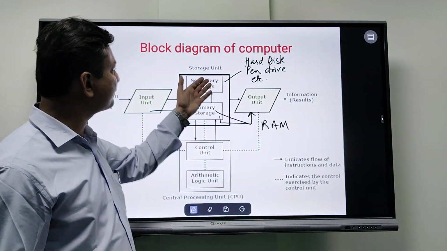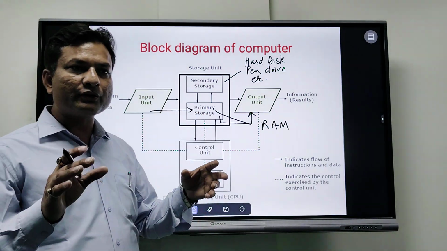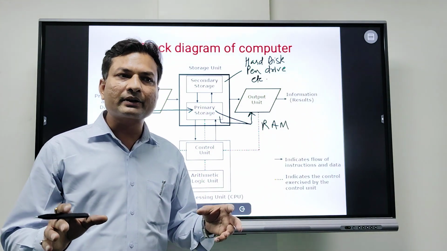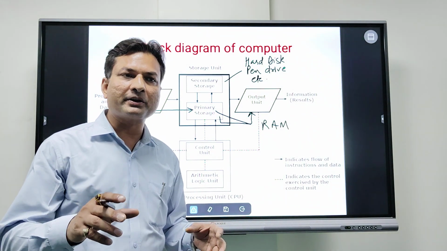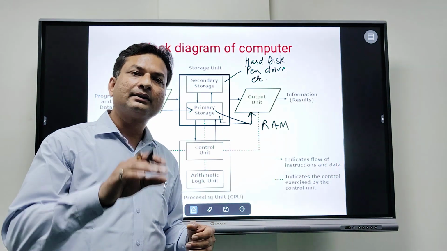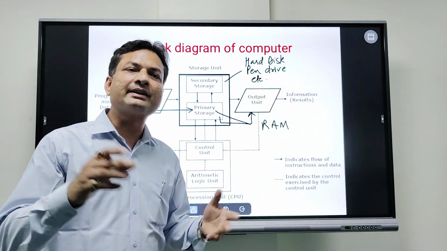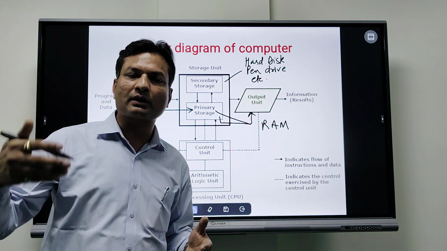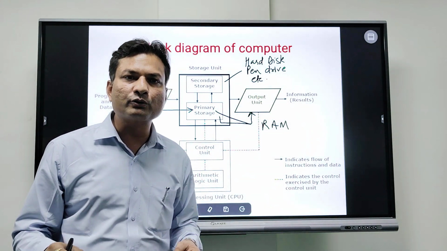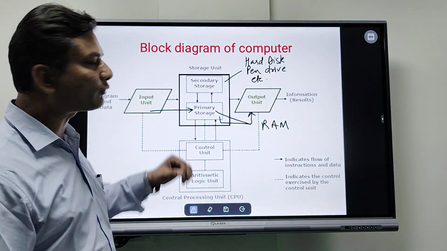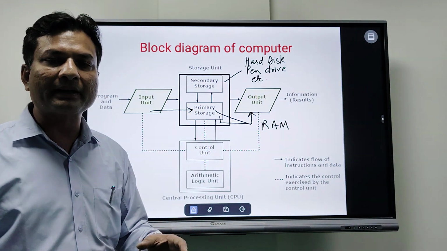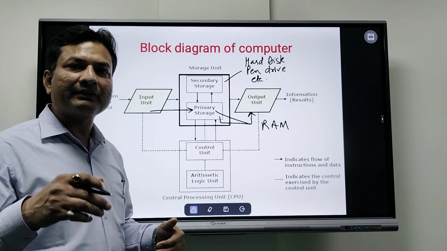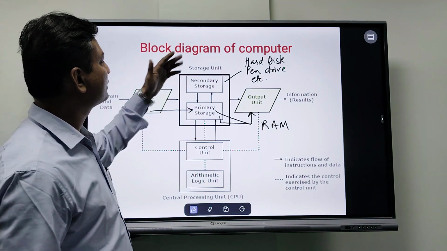Then what is the use of secondary storage? Actually, when the user inputs some data to the computer system and wants to save that information so that the user can use it as and when required, later on, after some days or after some hours, the user can save that data from primary storage to secondary storage.